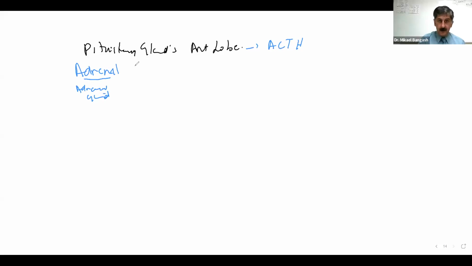Which part of the adrenal gland? That's what the C comes in for: cortical, cortex. And the T just stands for tropin or tropic, and that's just going to be hormone.